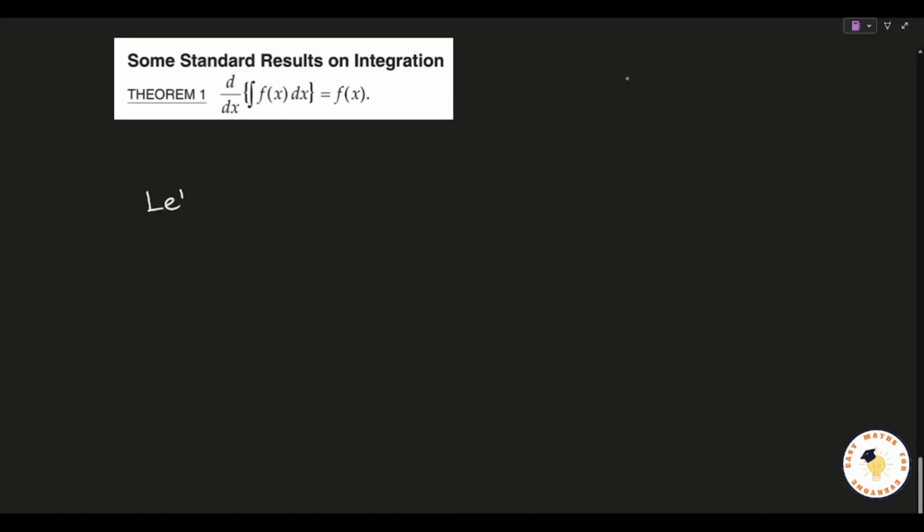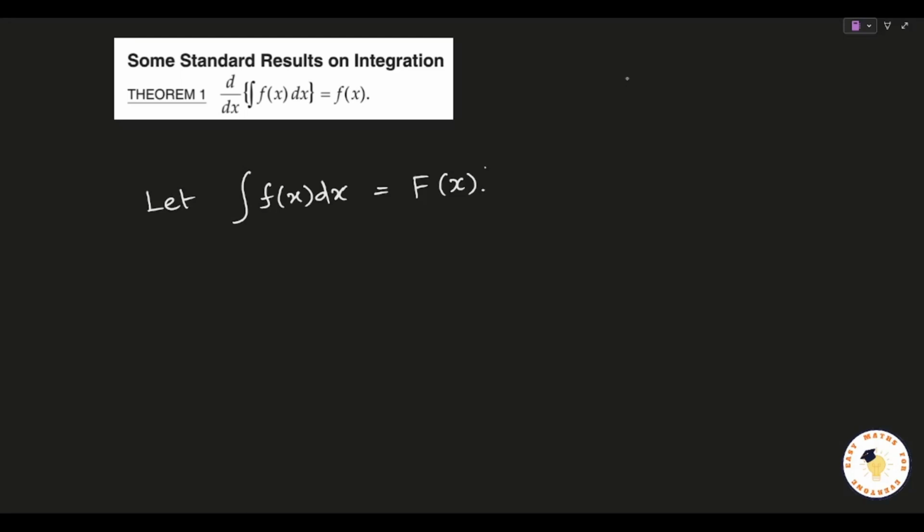So let us take integral f of x dx equal to some capital F of x. And by the definition of integration, we have learned integration is the reverse process of differentiation.